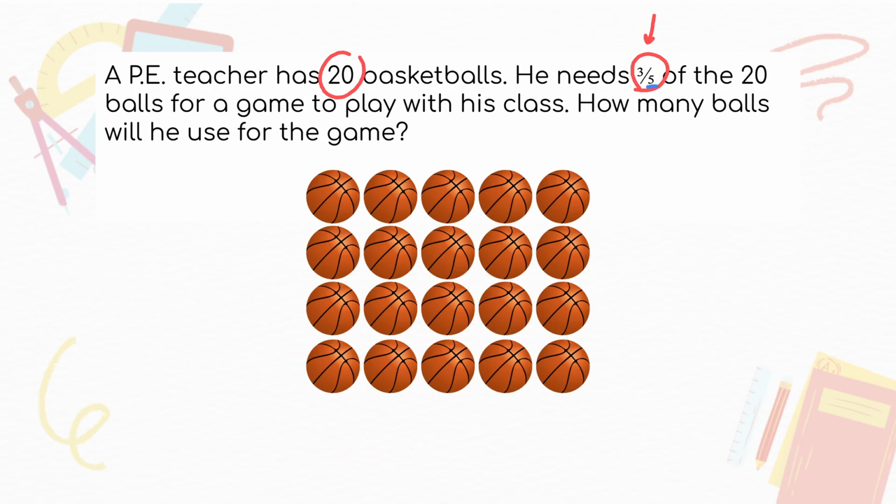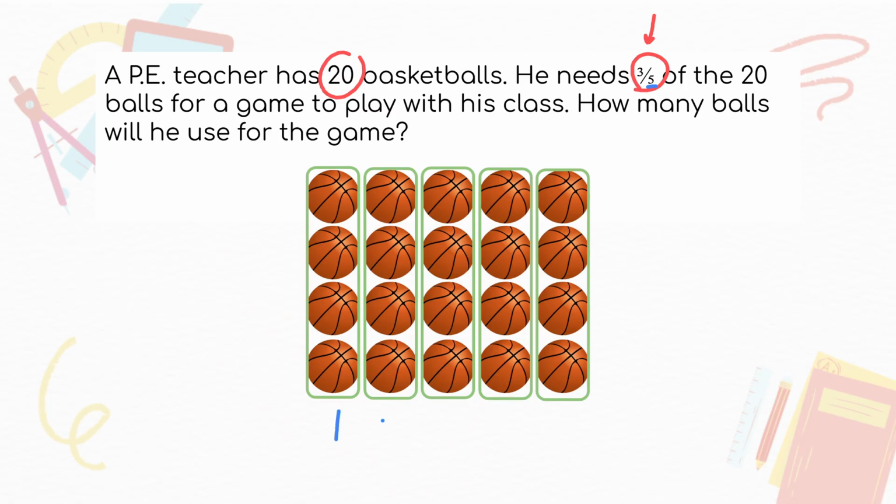Now we know that the numerator tells us how many parts out of the whole we have, but the denominator tells us how many parts are in the whole when we break it into parts. So in this case, there's going to be 5 equal parts. This 20 basketballs is going to be broken into 5 different groups, 5 parts. So I've gone ahead, and now I've broken this into 1, 2, 3, 4, 5 equal parts, just like our denominator told us.